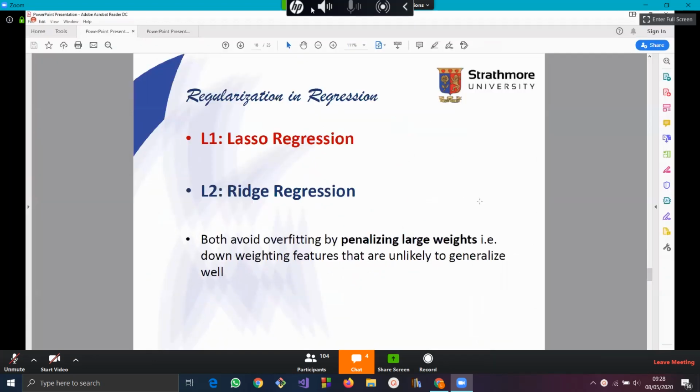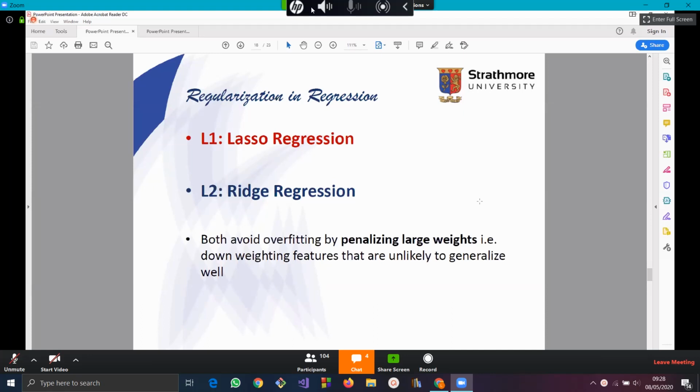In linear regression, there are two types of regularizations, or regularizers. The first one is called L1, and the second one is called L2. And we are going to use both. So what is regularization? We have said it is the official way to avoid over and underfitting.